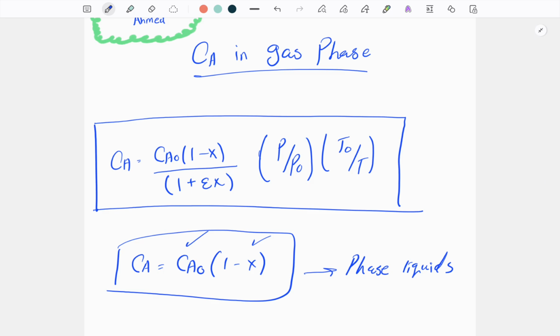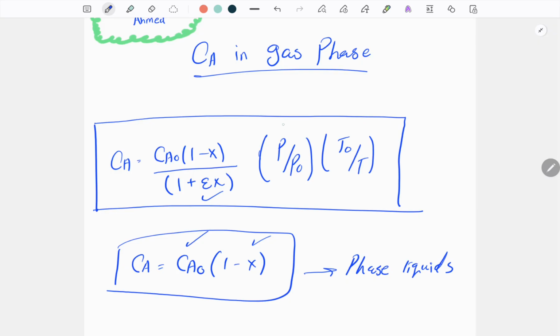Well, in the gas phase, to find the final concentrations, there's a couple factors you need to take into consideration. One is the expansion factor, which is based on the density of the gas. Gases tend to change their density as pressure is being applied.